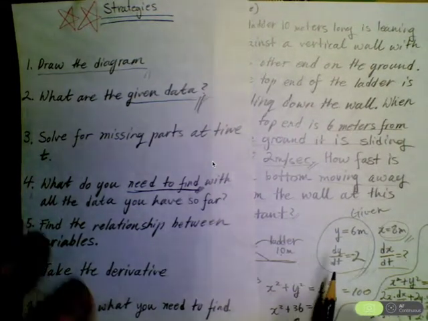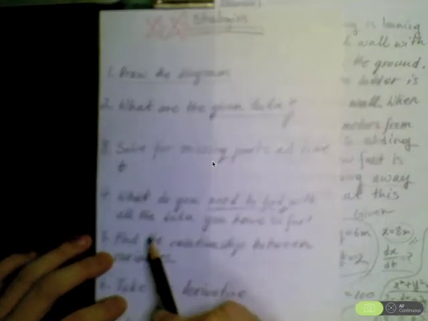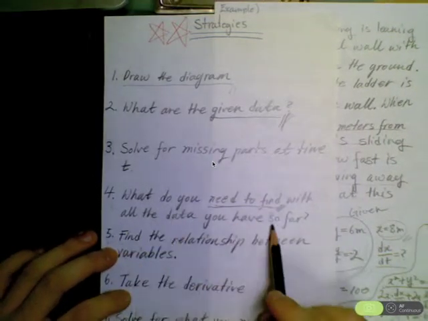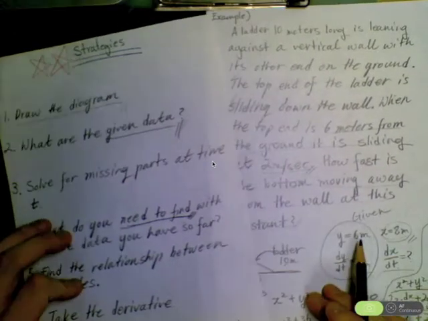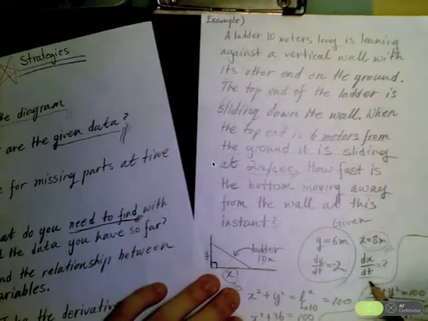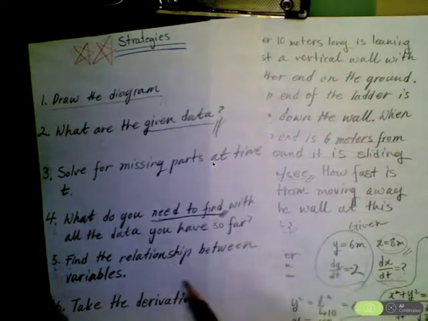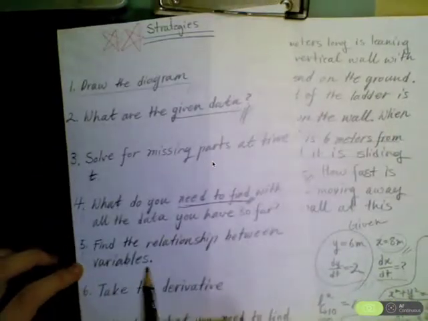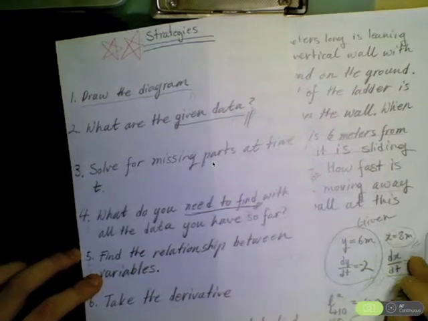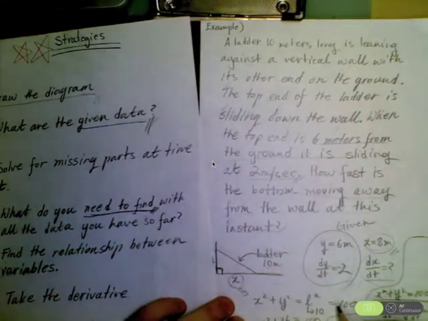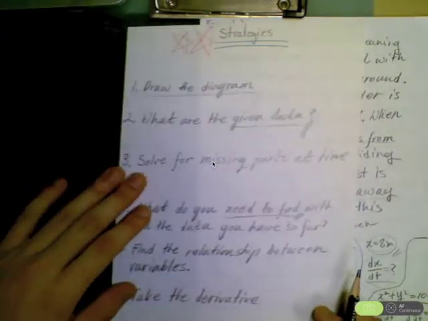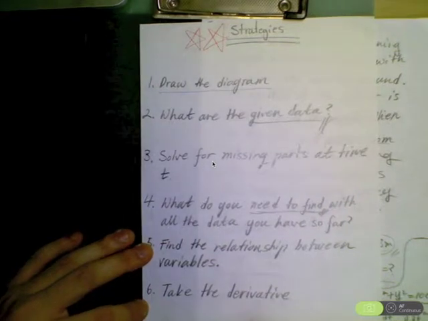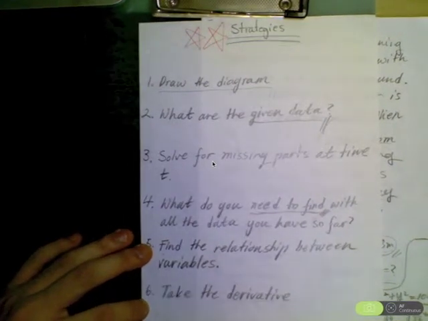And our fourth step was, what do you need to find with all the data you have got so far? So what we were looking for was dx over dt, and our fifth step was find the relationship between the variables. So if we find the relationship, it would be x squared plus y squared equals 100, which is the Pythagorean theorem. And our last two steps will be taking the derivative and solving whatever we need to find.